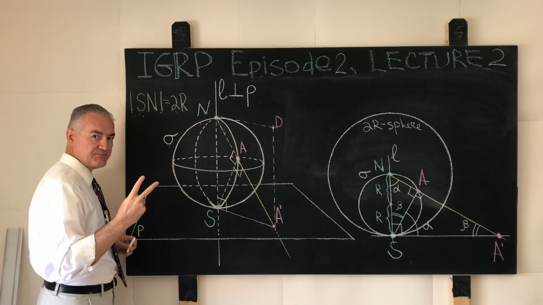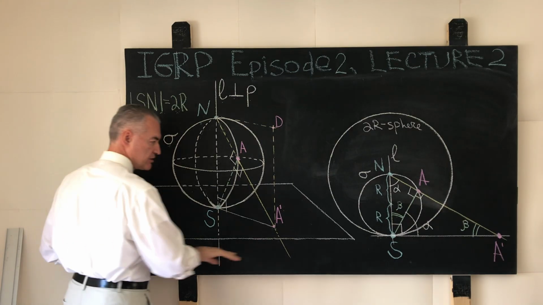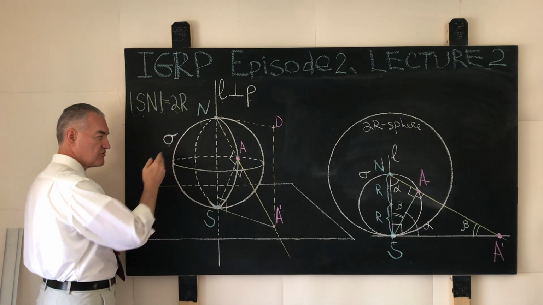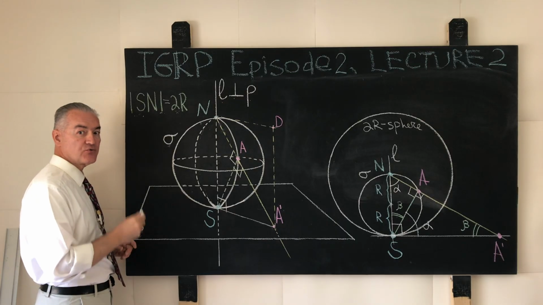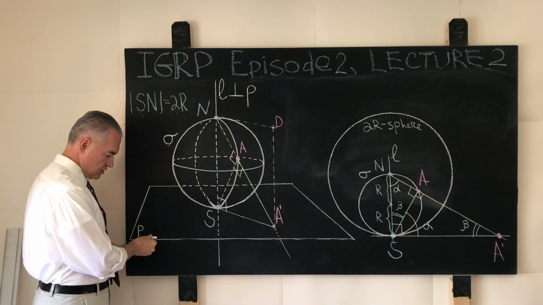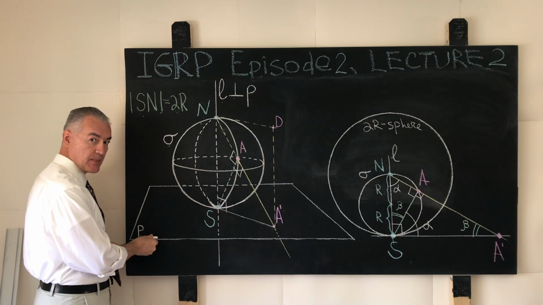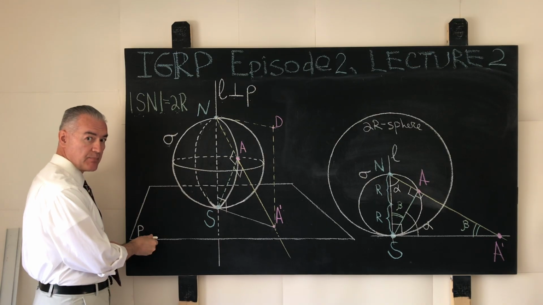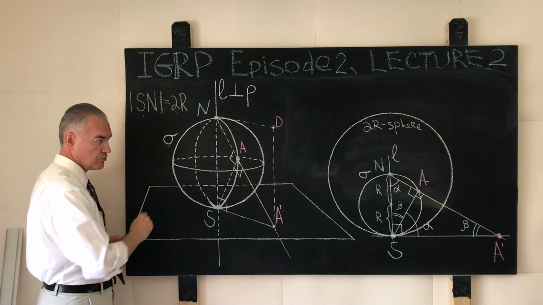It has a stereographic image in the corresponding plane, and every such point is an image of some point that belongs to the underlying plane P. So this is a mapping that works, so to speak, both ways.